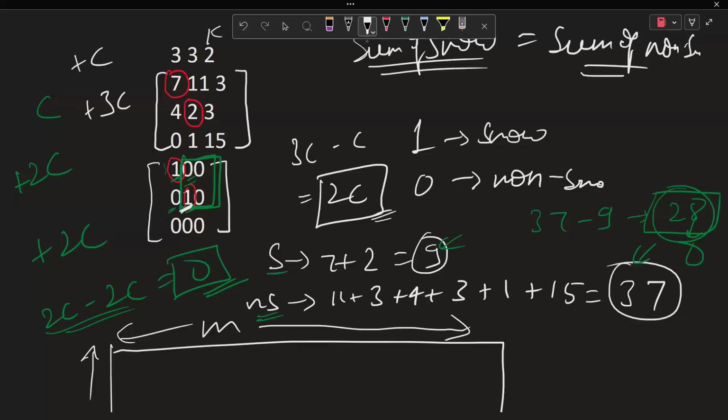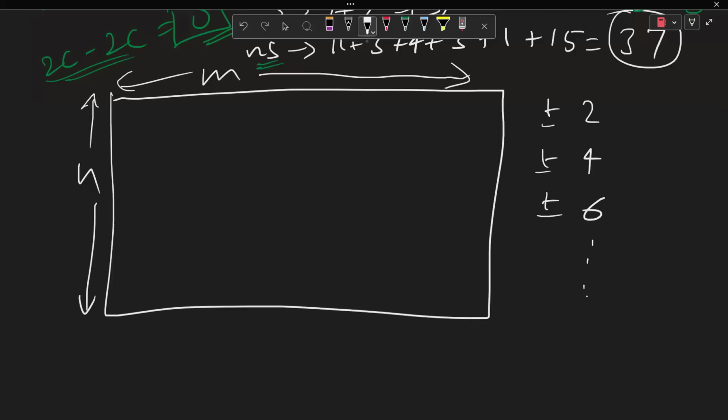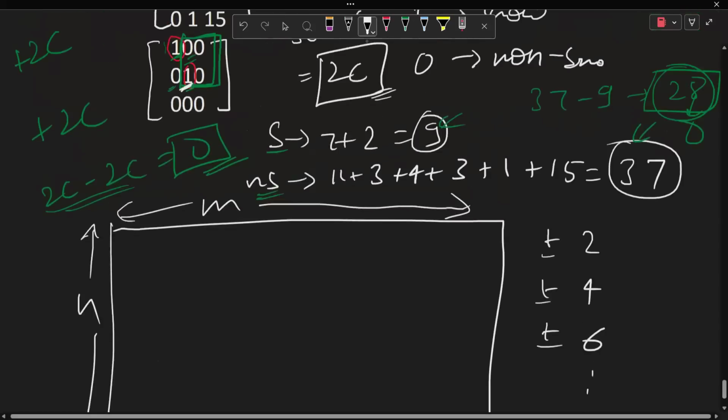So you can make a change of 2C in the difference. If you select C equal to 1, you can increase the difference by 2, or you can decrease the difference by 2 if you select minus 1. If you select 2, you can increase or decrease by 4. So you can do plus minus 2, plus minus 4, plus minus 6. So you would move in multiples of 2. You can make a change of a multiple of 2 to your difference using this matrix.